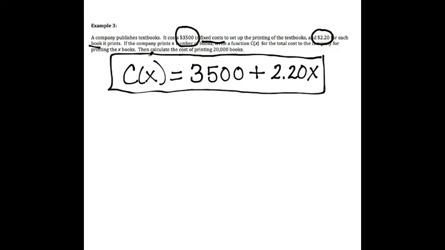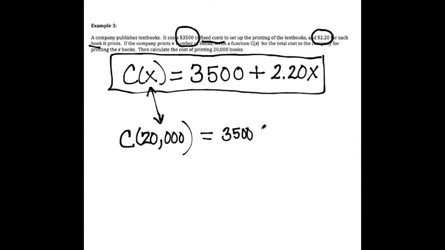Now it asks, then calculate the cost of printing 20,000 books. So I want to know what the cost is. So what is C of x of printing 20,000? So really, what is C of 20,000? That means I'm going to take 20,000 and plug it in for x. So 3,500 plus $2.20 times each book, which is a total of 20,000.